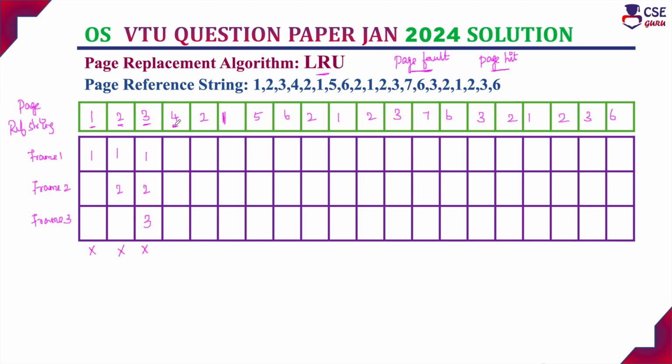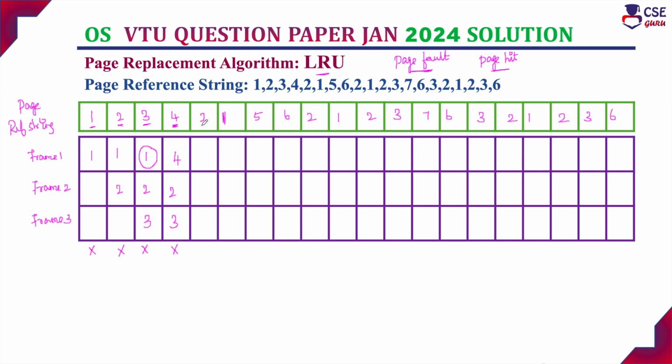With this current reference string, you have to check the past: recent, next recent, least recent. So obviously victim page is 1. So swap out from main memory to the secondary memory and swap in page 4 in place of 1. So 4, 2, 3, this is also a page fault because the reference page is not available.